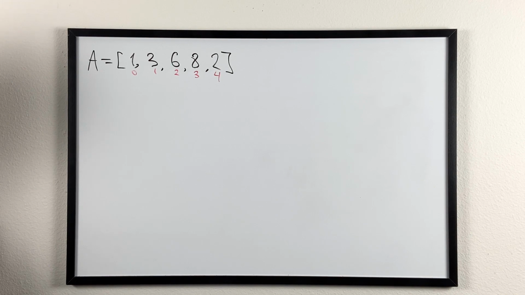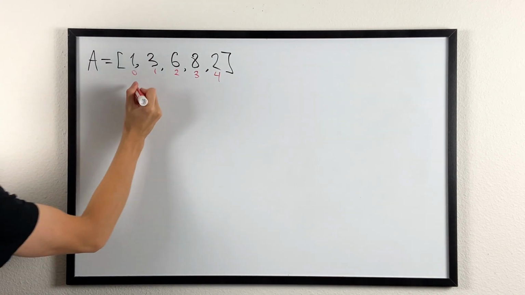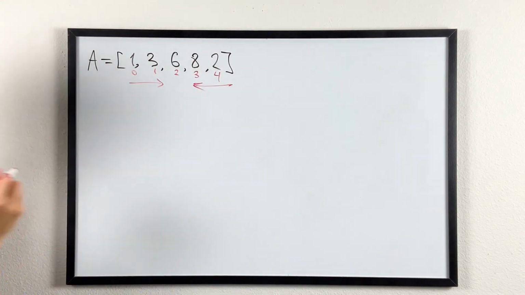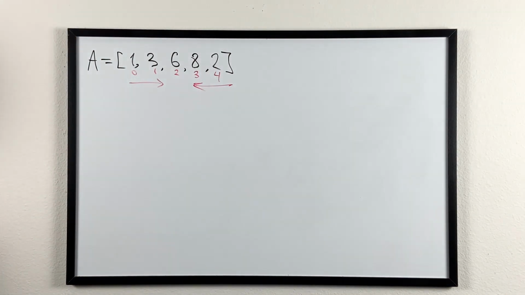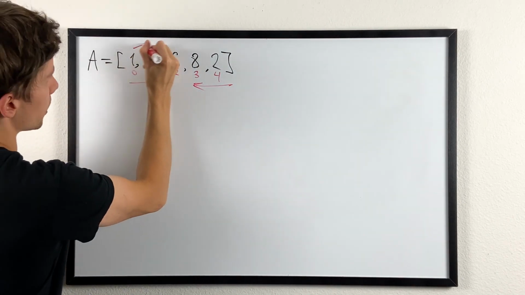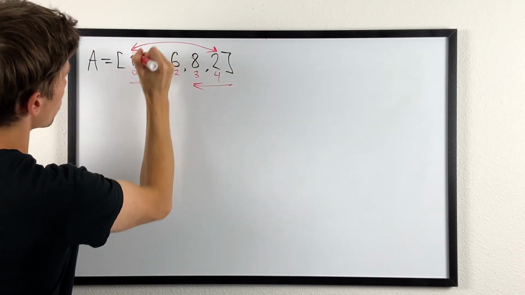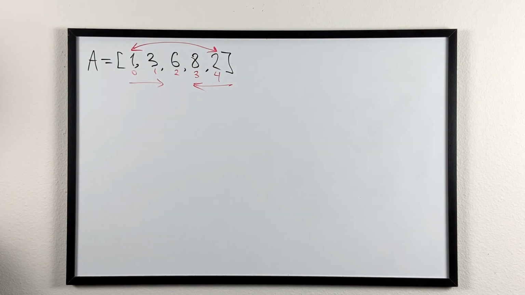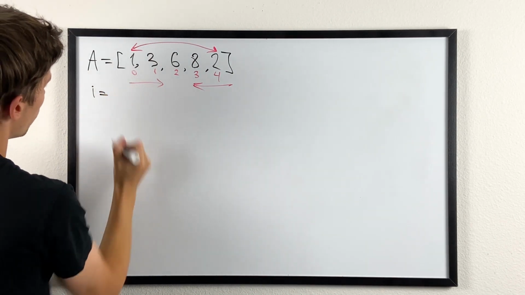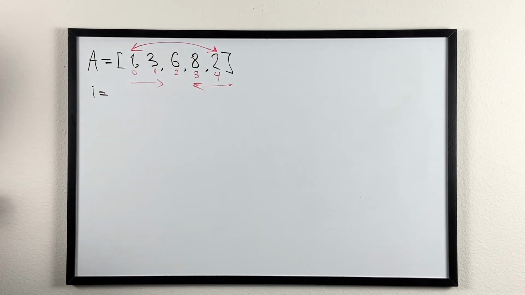Let's loop over this list from the left and from the right, and at each iteration of our loop, we will be swapping elements on both sides. Let's create two variables to track our movements. Variable i is going to be our left edge.